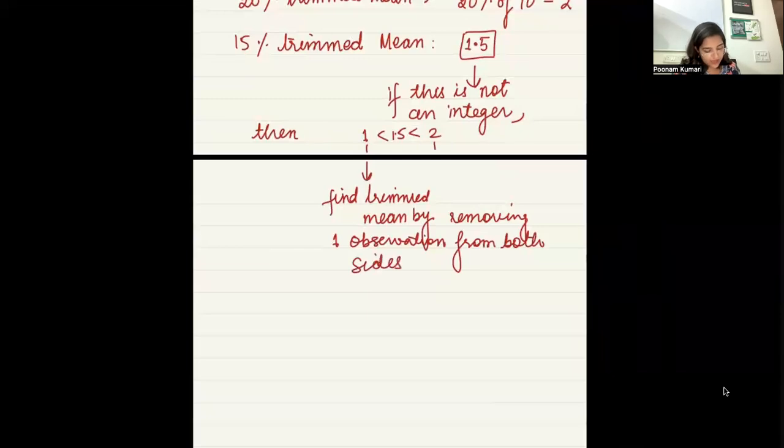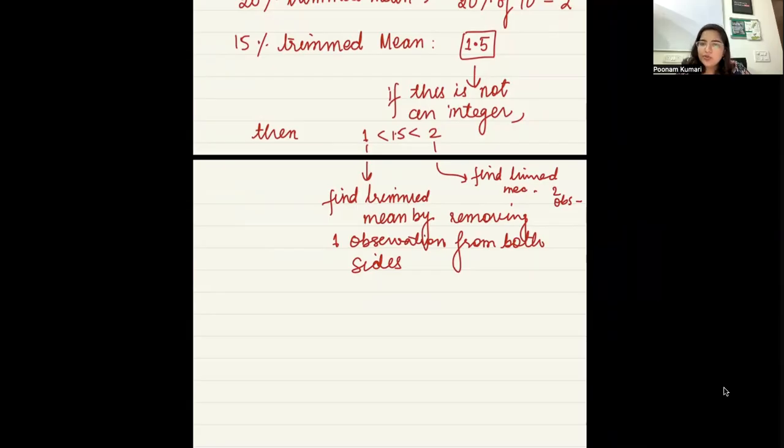And then again, you find the trimmed mean by removing 2 observations each. First you do those 2 things. And when you do that, you will have some value, right?